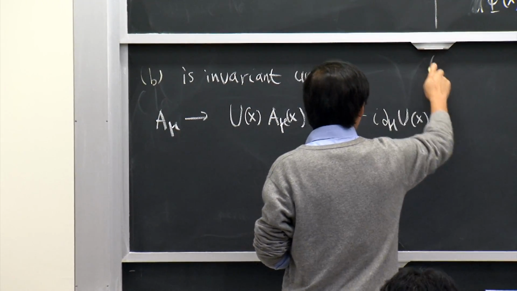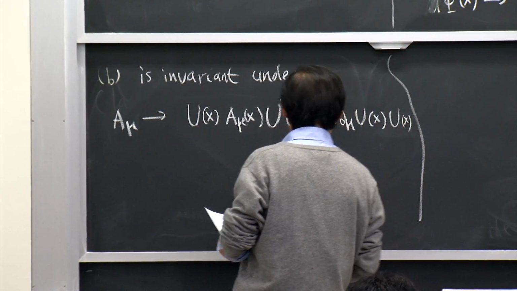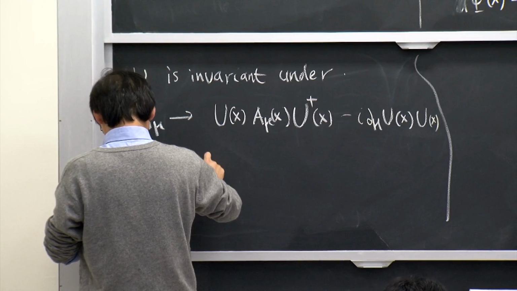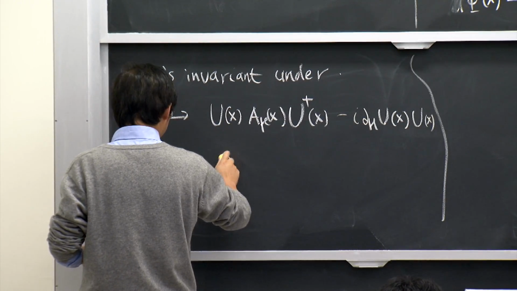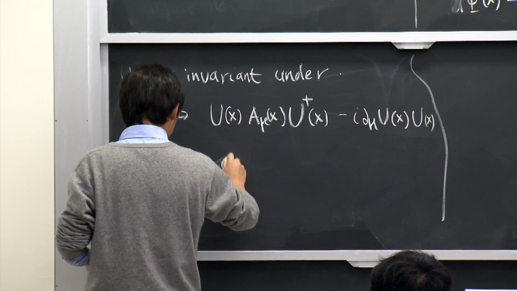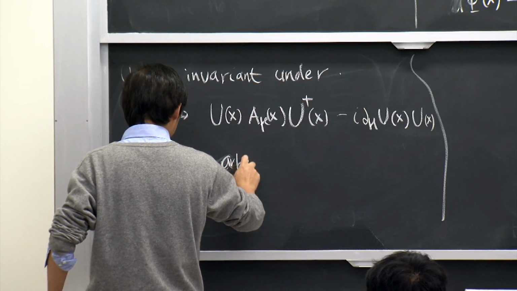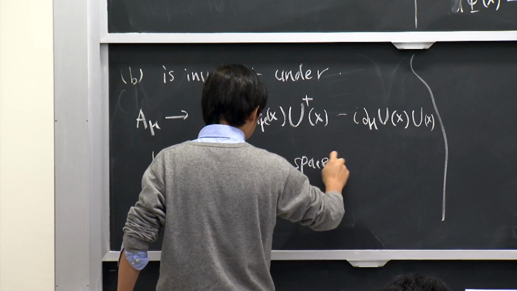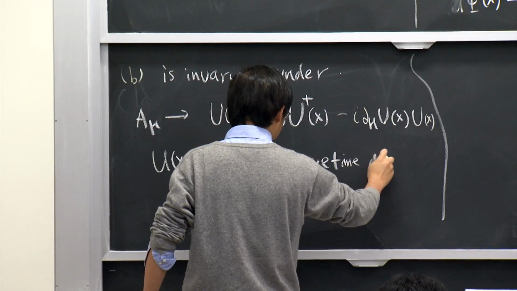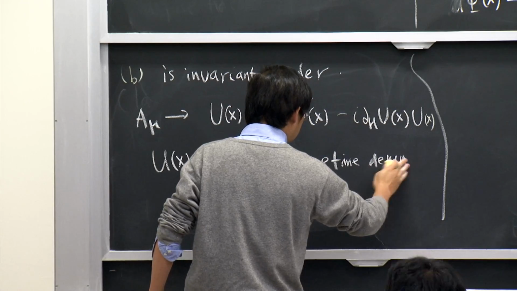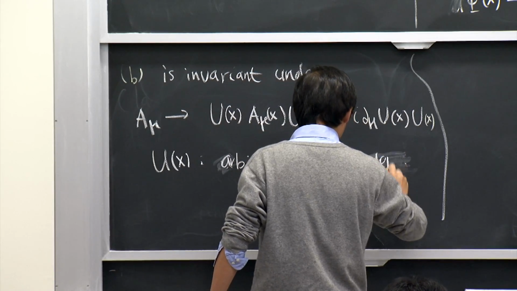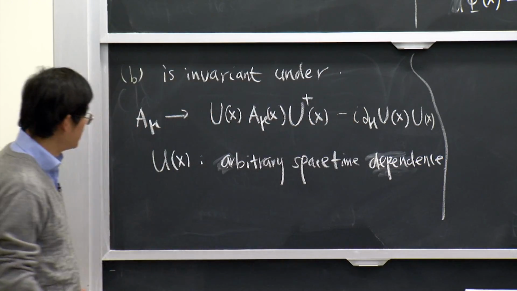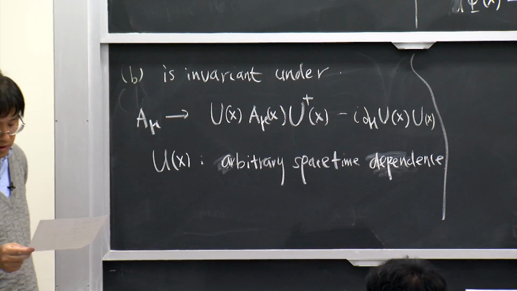It doesn't matter. The only thing I want to say is that U(x) is arbitrary, it can have arbitrary space-time dependence. Just like the generalization of QED, it's a gauge symmetry.